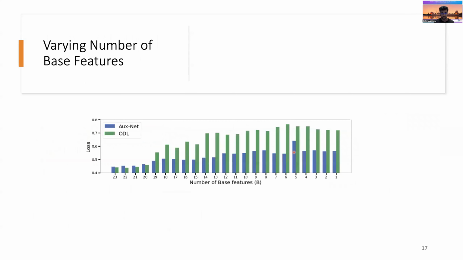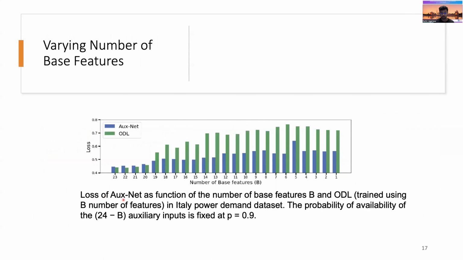Varying number of base features. Here, we plot the loss of Aux-Net as a function of the number of base features and ODL trained using only base features. The probability of the availability of auxiliary inputs is fixed at P equals 0.9. Aux-Net is extremely scalable in the sense that even when the number of base features equals 1, meaning auxiliary features equal 23, the model performs well.